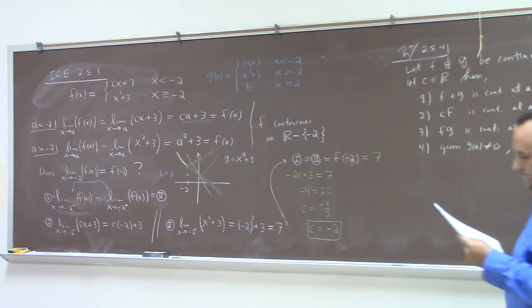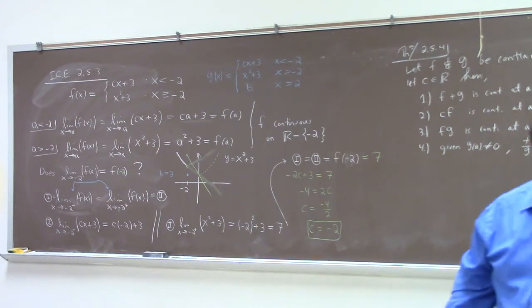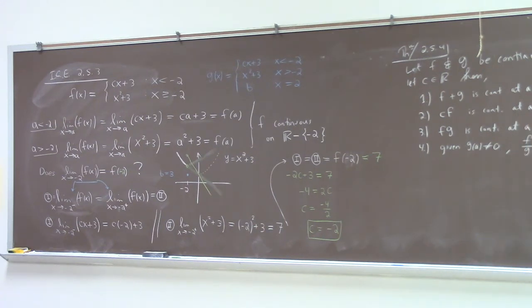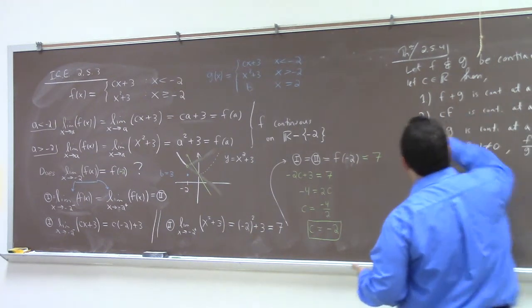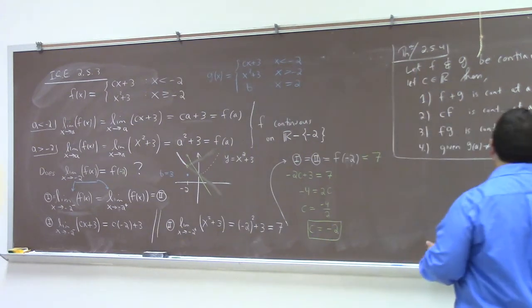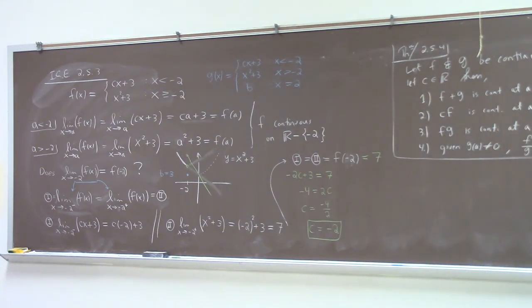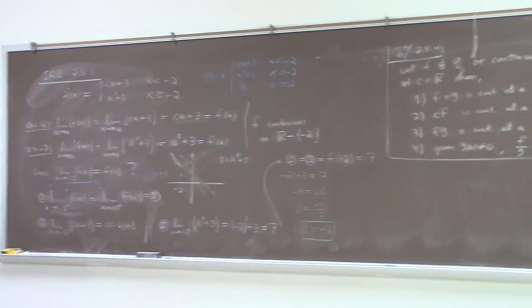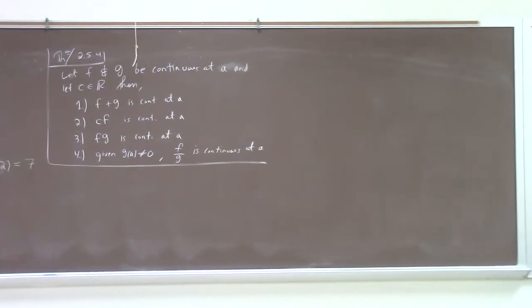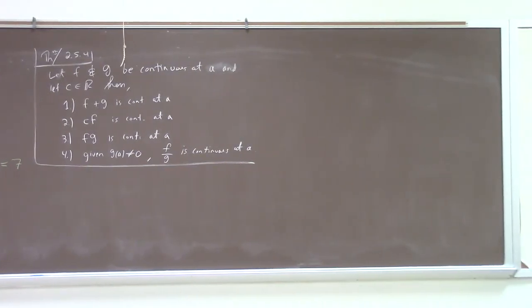All right? So let me put this theorem into words. It says if you have two continuous functions, the sum, the scalar multiple, the product, and even the quotient of those continuous functions is once more continuous.